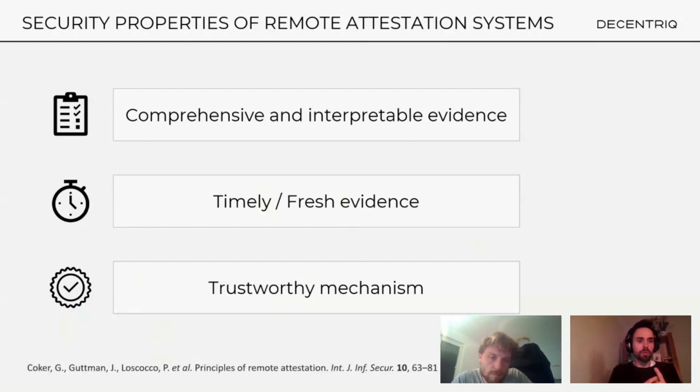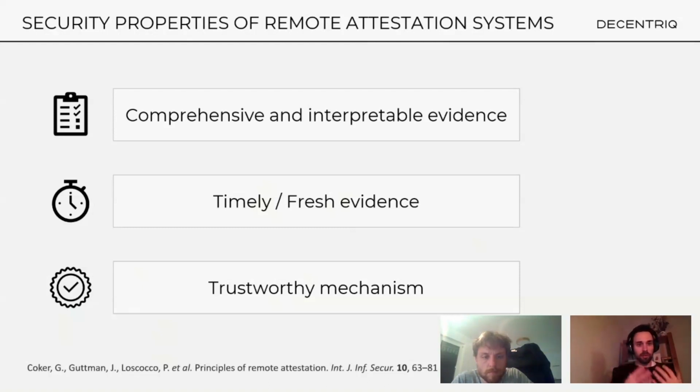We need to know everything about our system that is security relevant. So we need to know all the configuration of the hardware, and we need to know everything about the software that's going to touch the data. And that evidence that we get out of the remote attestation system needs to be interpretable. It shouldn't be just an opaque blob that we can't tell what it is.